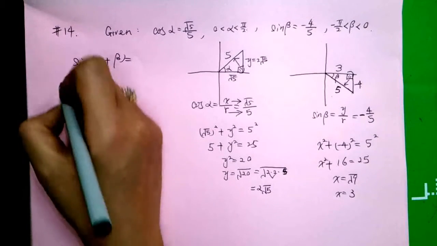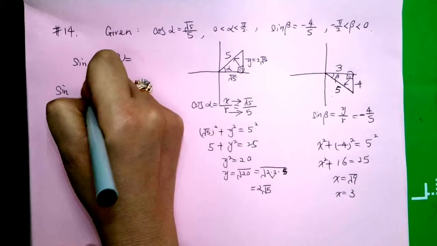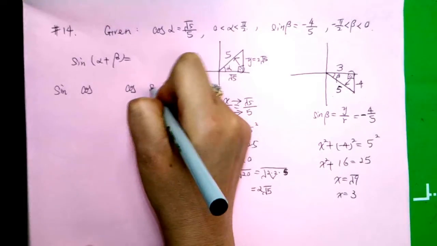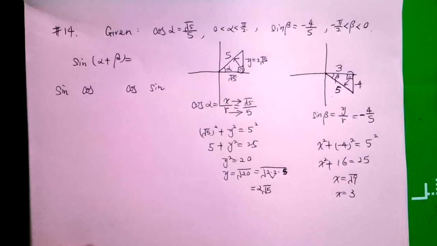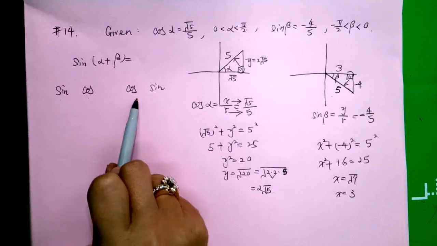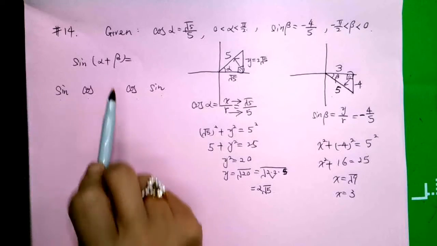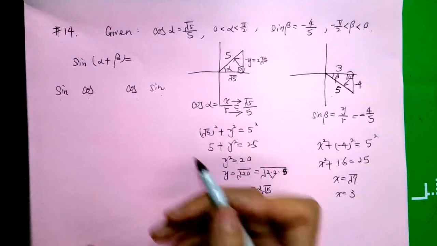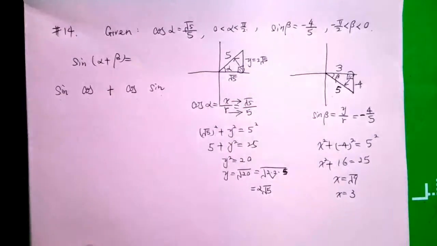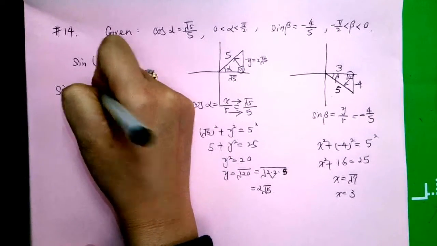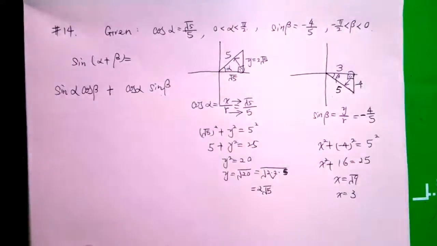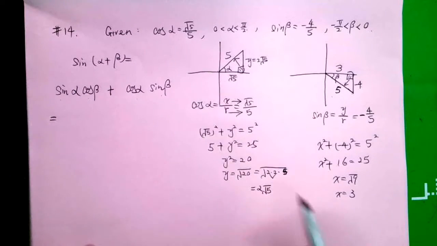The sine formula sounds like sine cosine, cosine sine, because sine is a good student. Sine actually follows the rule. They take turns: sine, cosine, cosine, sine. And when you have a plus, sine follows the rule, you actually have a plus here. You put alpha, beta, alpha, beta. And then you go back to the triangle, find the information we need.